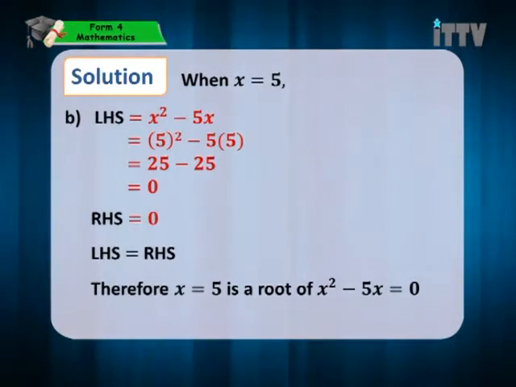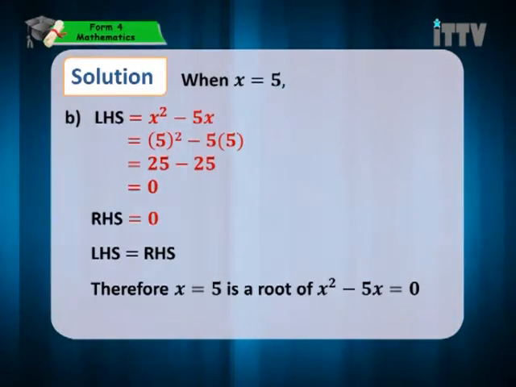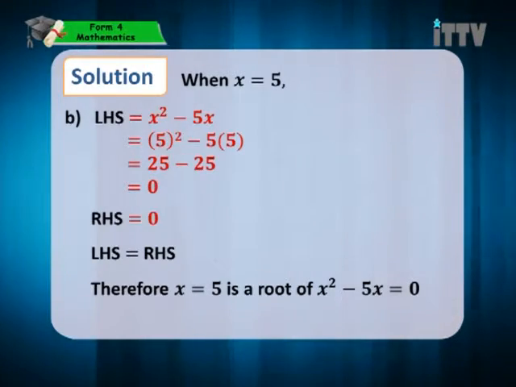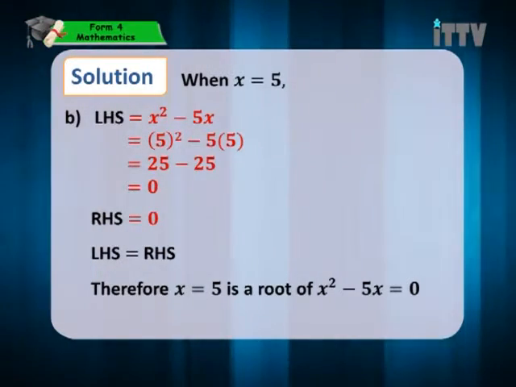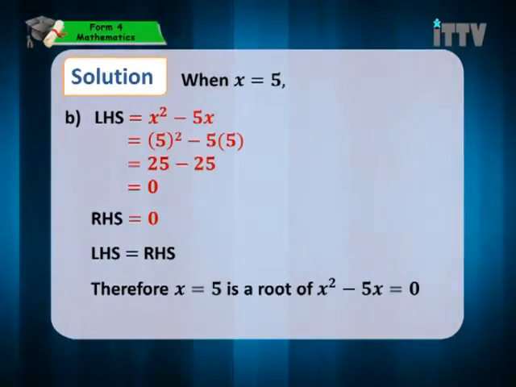And if you notice carefully, the right-hand side of the equation is also 0. So now, since the left-hand side and right-hand side are equal, therefore x equals 5 is a root of x squared minus 5x equals 0.